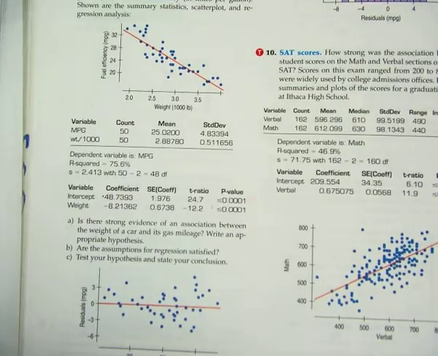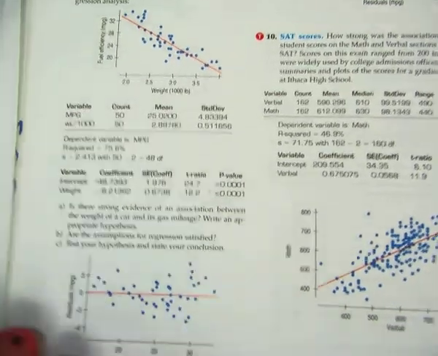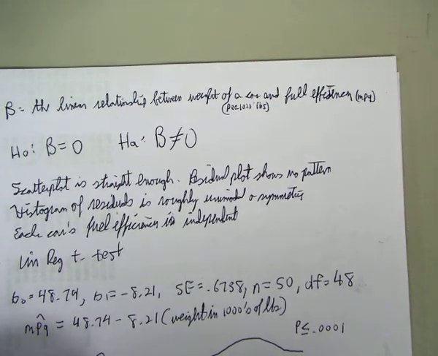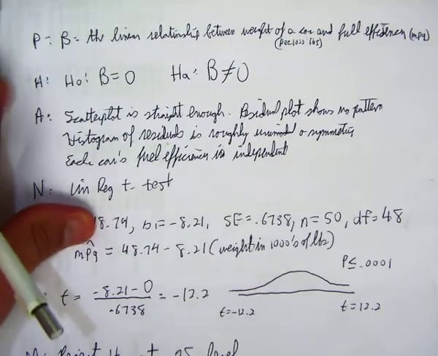Now I'm going to start talking about R squared and R. So I go to my data and look, there's R squared, so 75.6%. So R squared equals 75.6%.